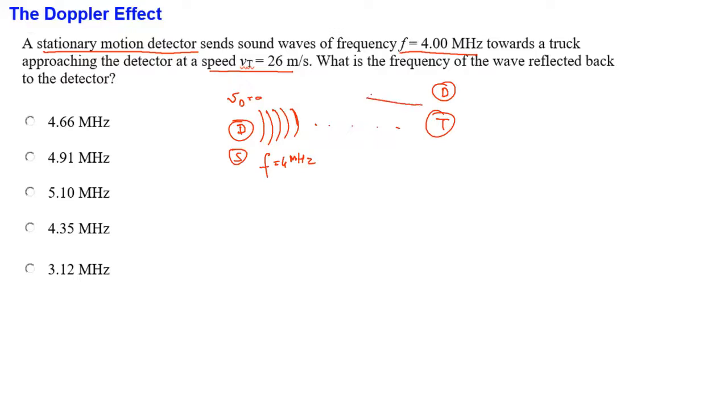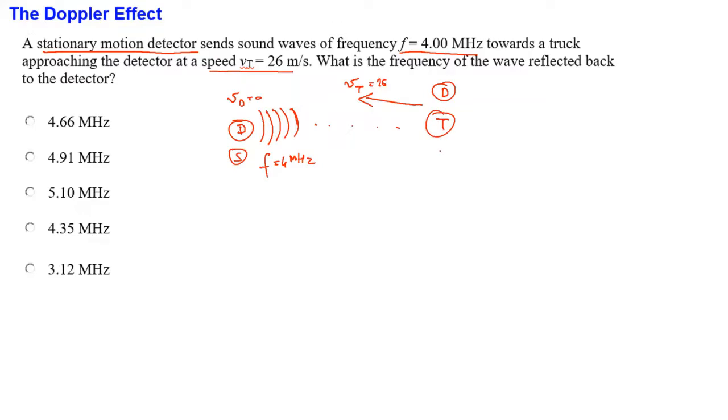The track is moving towards the source of sound, the motion detector. So this is V track, and I give you V track 26 meters per second. Now the question is, find the frequency of the wave reflected back to the detector.